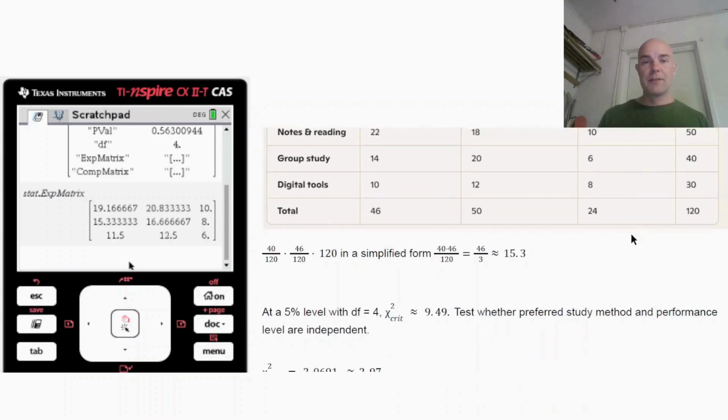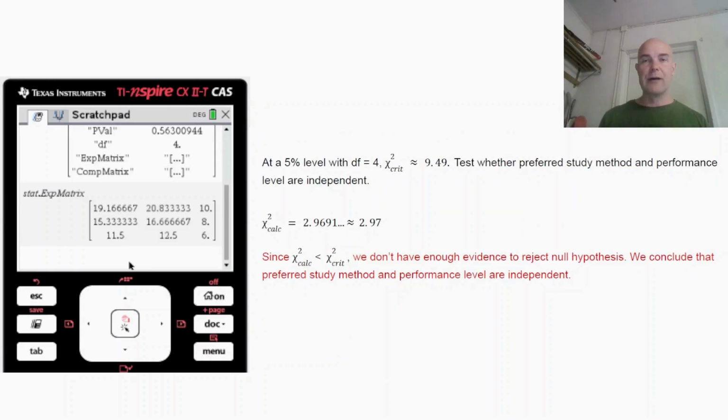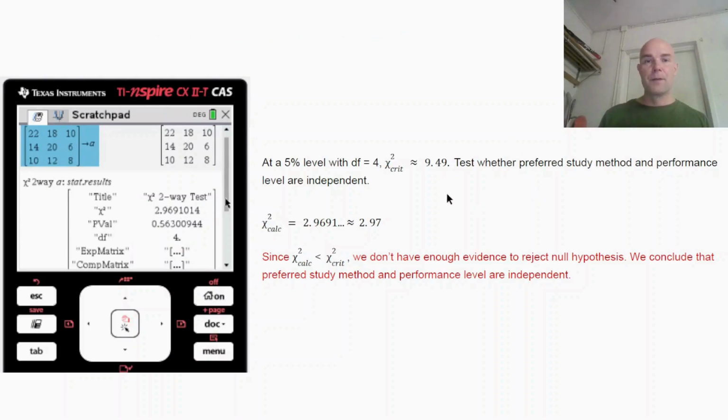Then there's another question where we are going to use the chi-squared critical value to make our conclusion. And from your calculator, you can find this chi-squared value here. It's 2.97. And you compare this calculated chi-squared value to the given chi-squared critical value, which is in this case 9.49.